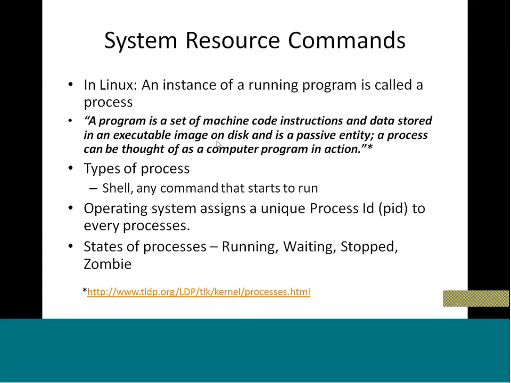The operating system itself assigns a unique process ID, also called PID, to every process. It is a number that the operating system assigns to the particular process. Internally, as soon as you type in a command and press enter, the operating system takes over and looks at that command.